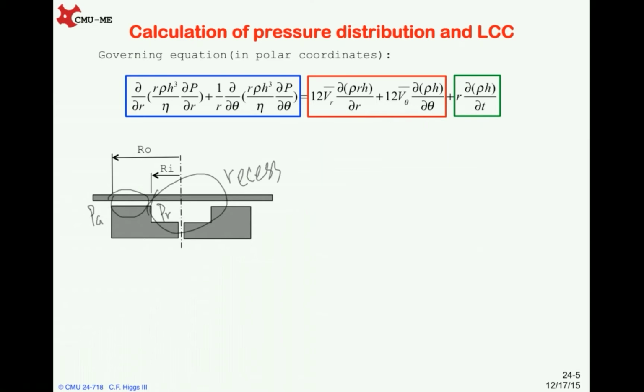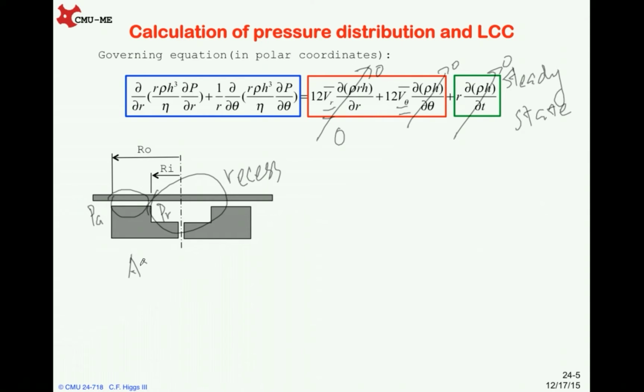But actually, we can simplify this equation because for a hydrostatic bearing, the surface velocities Vr and V theta are considered to be 0, so we can cancel out these two terms directly. We are also considering a steady state condition, so we can cancel out these terms as well. So we only have the pressure terms, and the right-hand side is 0 now.